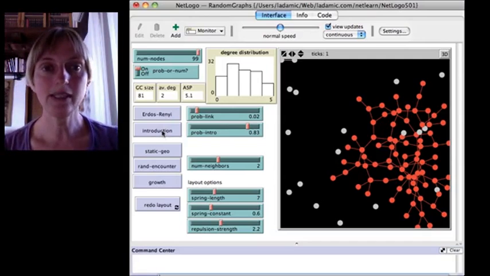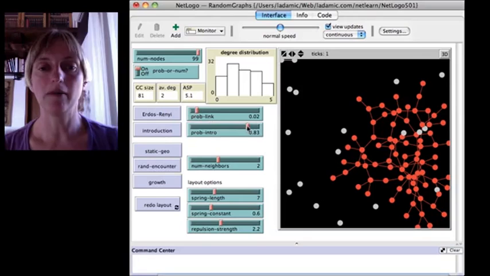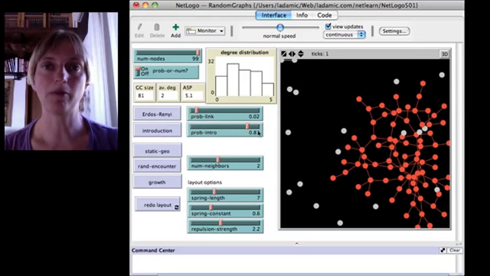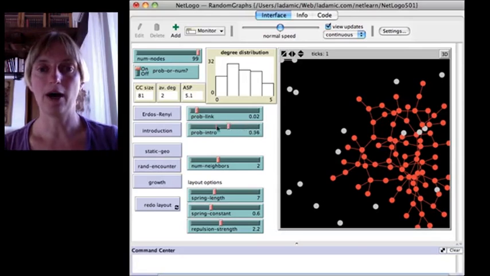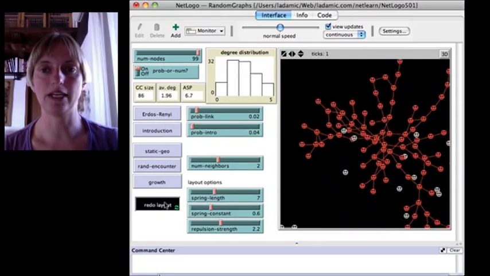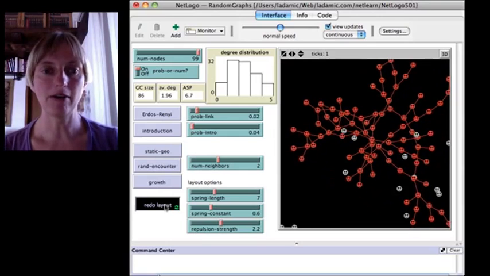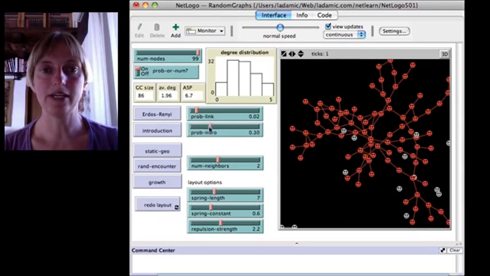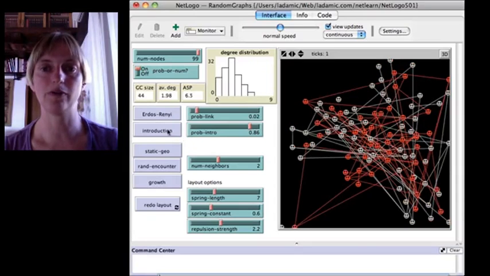So keeping the same probability of linking, what I'd like you to do is see as you vary this probability of being introduced to a friend. So if it's 0, it means all of your edges are purely random, so it should look really similar to an Erdős-Renyi graph. However, if you increase this probability, most of the edges that you get should occur through introductions.